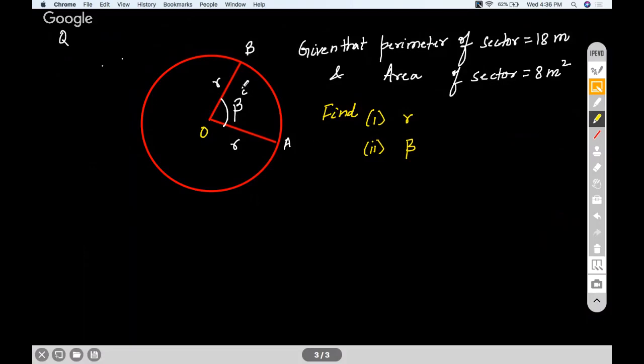Okay. First thing is, what is the perimeter? Perimeter is basically this plus this plus this, correct? So this entire thing will constitute the perimeter, right? We know from the formula of the length of the arc and the radians that the length of the arc AB would be nothing but r times beta.